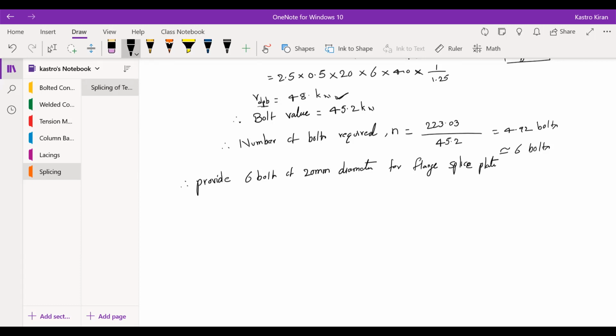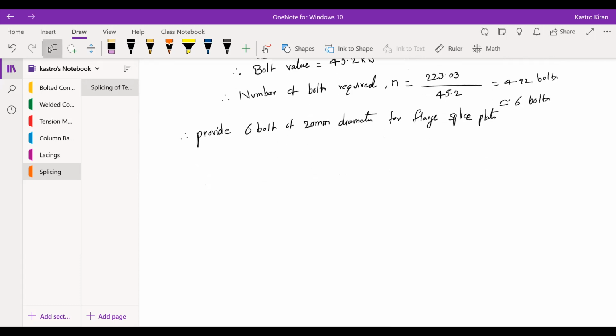Now let's solve for the web splice plate also. Before doing that, let's write down the flange splice plate dimensions.